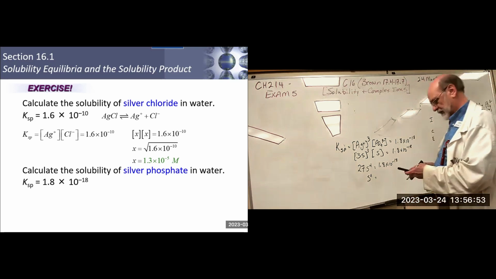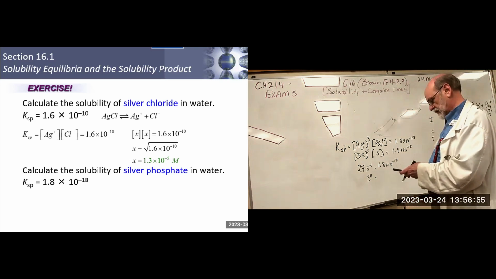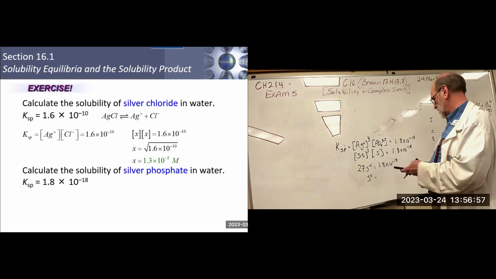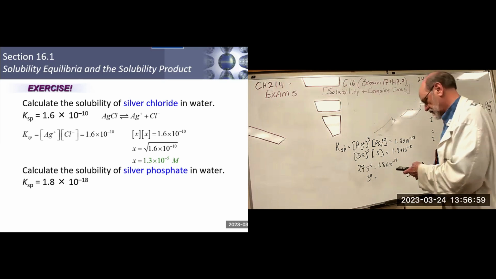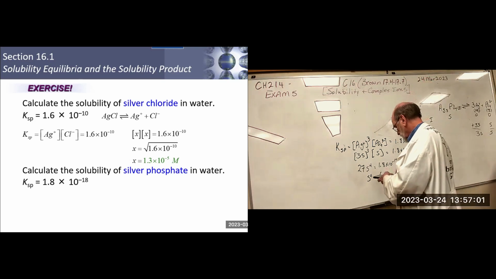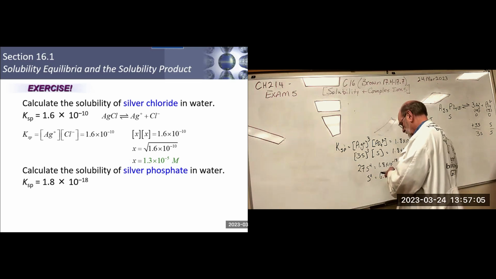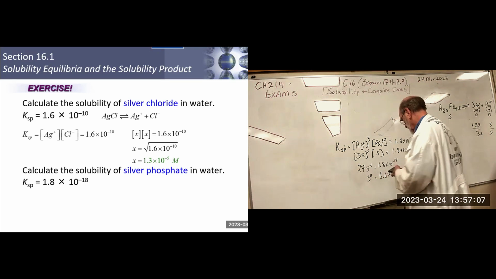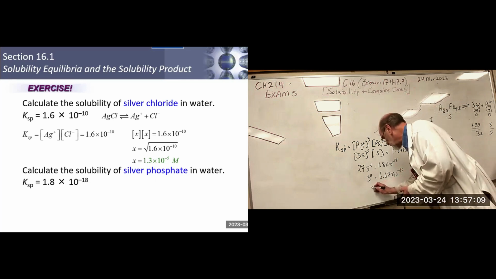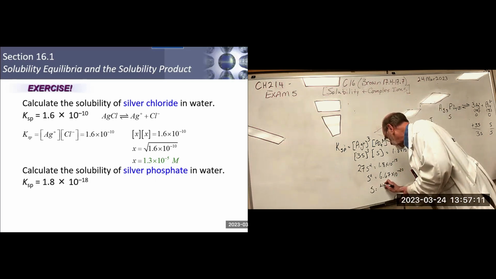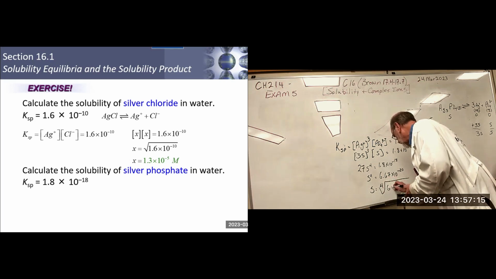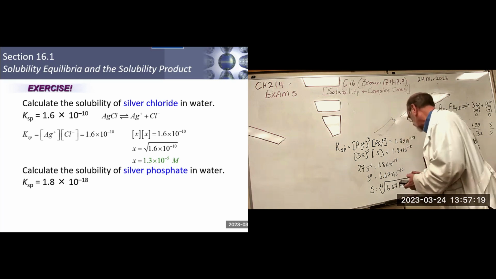So let me do that. 1.8 exponent minus 18 divided by 27, and this is 6.67 times 10 to the minus 20, and S is going to be the 4th root of 6.67 times 10 to the minus 20.